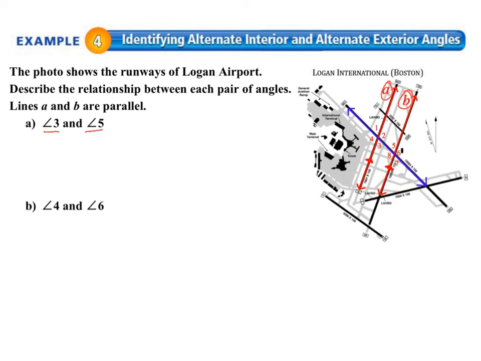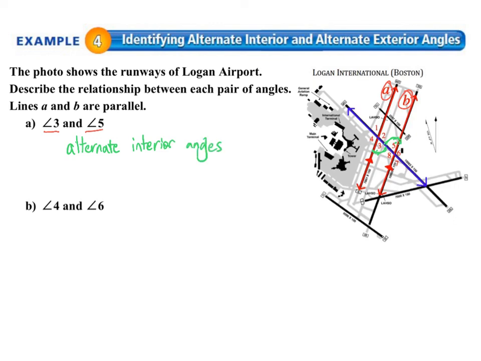I take a look at angle 3 and angle 5, and I see that first, are they inside or outside the parallel lines? They're inside, and they're sort of opposite each other. So they're opposite each other, they're the same size. They're called alternate interior angles.